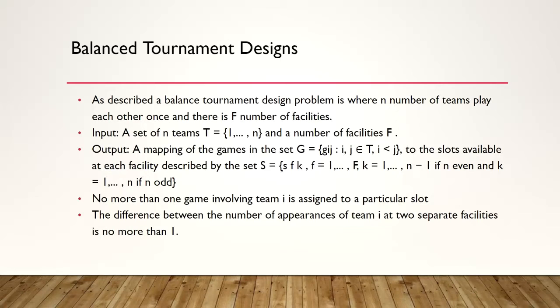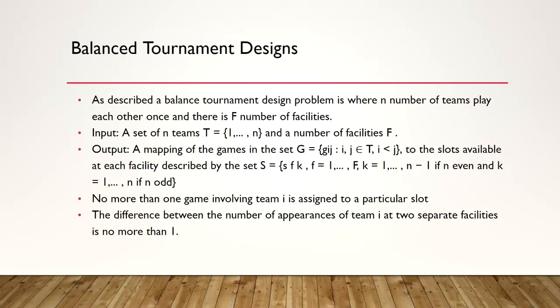So to map this game, we're again going to put a set G, where G equals the set of the games i j, where i and j are contained in the set of teams, where i is always less than j. Then the slots available at each facility are described by the set S, which will equal s f k, where f equals 1 to F, and k equals 1 to n minus 1.